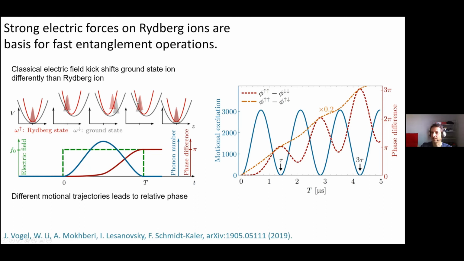And depending on the trajectory, they get an effective geometric phase. If you do the kick in the right way, back and forth, then you will return to the motional ground state. And depending on whether it is in the Rydberg state or ground state, it will get an effective phase with respect to each other. And you can use that, again, for a controlled phase gate.